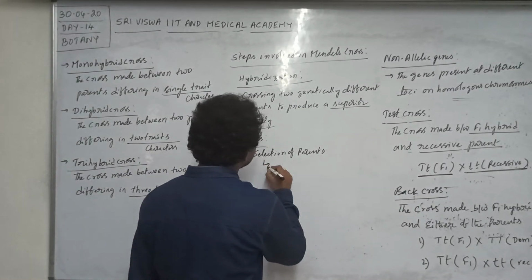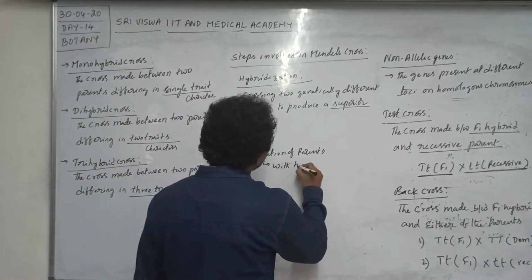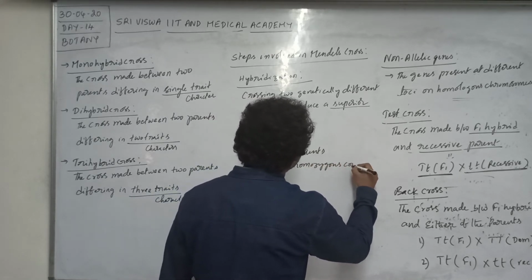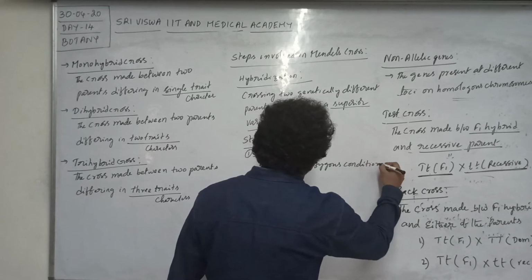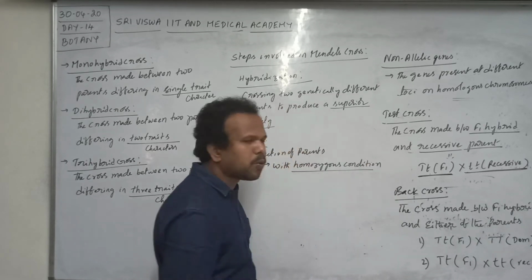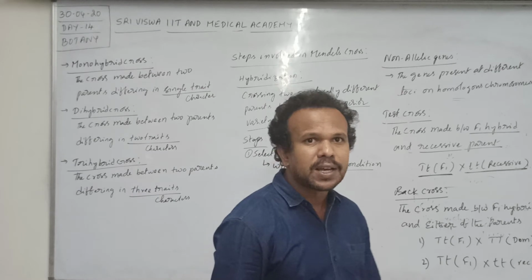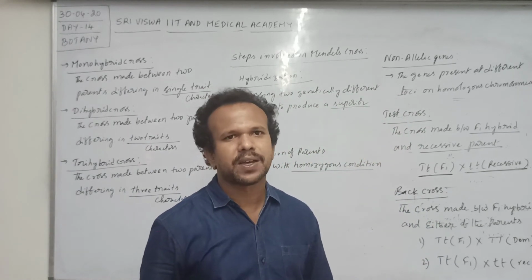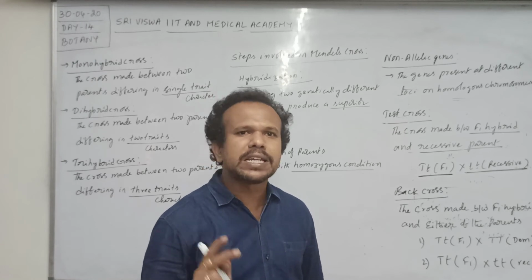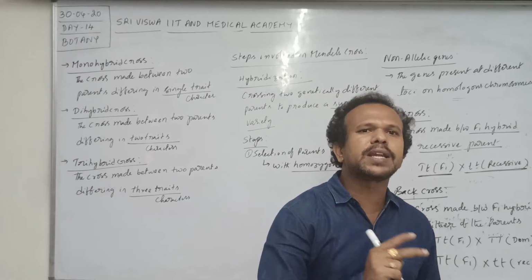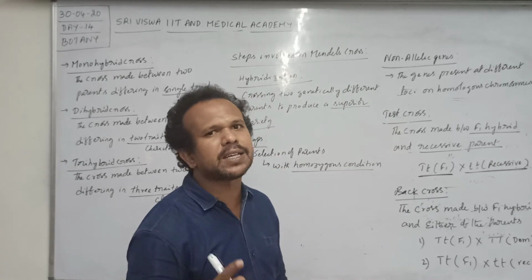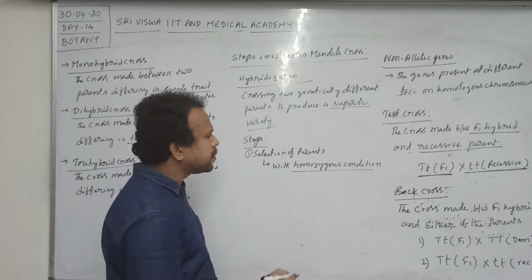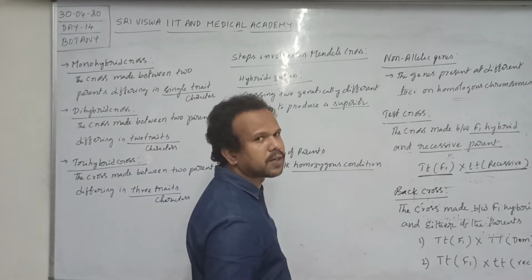Generally, the parents are with homozygous condition. What is homozygous and what is heterozygous? An individual with two identical alleles is called homozygous. An individual with two dissimilar alleles is said to be heterozygous. So the parents must be with homozygous condition.